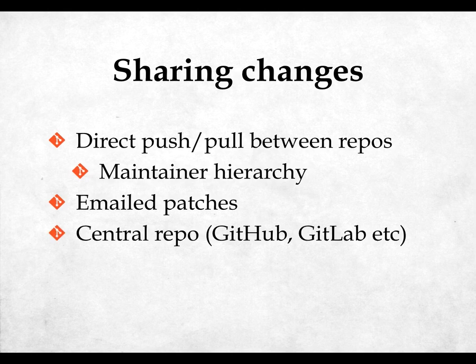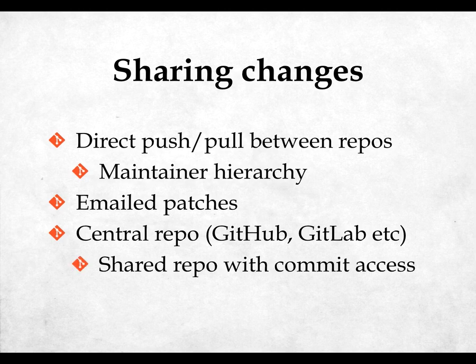Way more common ever since GitHub was created is a central repo. It's kind of odd for something that's supposed to be decentralized, but it does make the workflows a lot easier: everyone pushes up to this central place and then pulls back down again. That could be one repo.